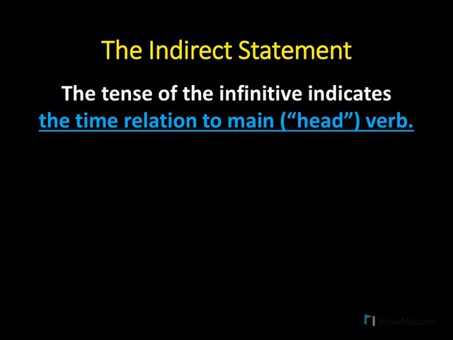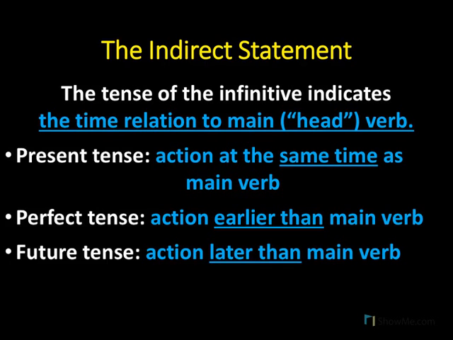So remember that the tense of the infinitive indicates the time relationship of the indirect statement to the head verb of the main sentence. So the present tense infinitive denotes an action of the indirect statement that goes on at the same time as the main verb. A perfect tense infinitive denotes an action in the indirect statement that happens earlier than the main verb of the sentence.